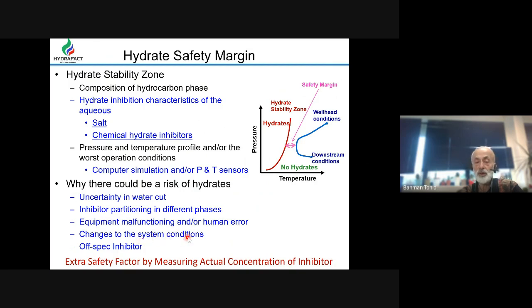Changing system conditions, temperature, pressure can change. And sometimes it's possible the inhibitor is off spec, that you're using the wrong inhibitor. With the price of HydraCHEK, having an extra measurement device is good. Then you are sure you didn't waste your resources.